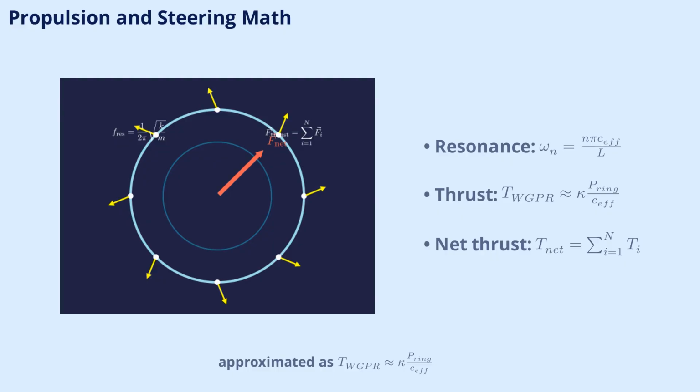Thrust is approximated as T_WGPR ≈ κ P_ring/c_F. The steering array's net thrust is T_net = Σ_{i=1}^{N} T_i, with each emitter contributing a time-varying vector. These relationships enable distributed, responsive propulsion and steering.